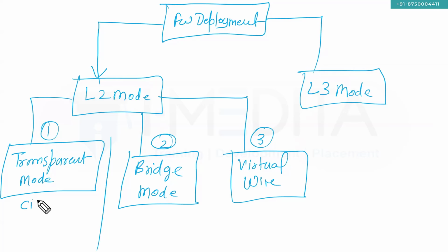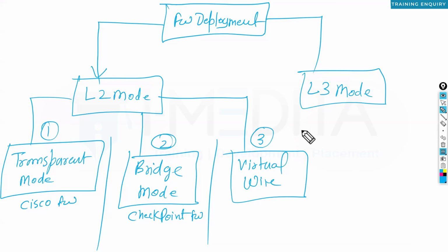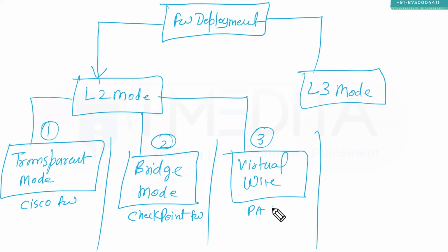In Cisco firewall, you will get L2 mode as transparent mode. You will get L2 mode with the name bridge mode on Checkpoint firewall, and you will get L2 mode with the name virtual wire on Palo Alto firewall. But when it comes to competition, FortiGate says, okay, transparent mode is provided by Cisco, yes, my firewall also supports transparent mode.